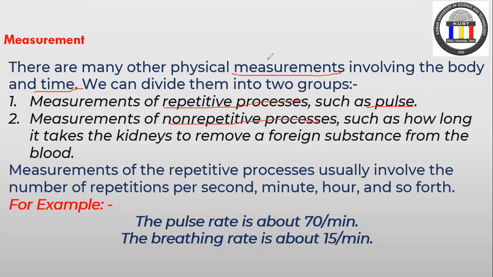Measurement of a repetitive process is such as pulses. For example, your pulse is 70 pulses per minute. So you are repeating the number of pulses, 70 per minute, to get the measurement.